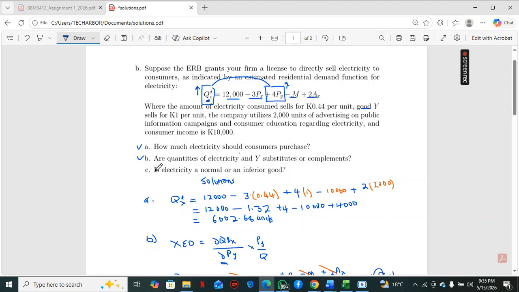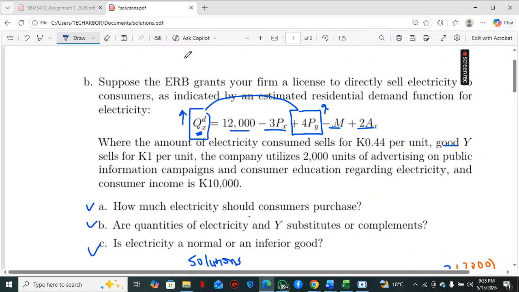Now, part C. Is electricity a normal or an inferior good? Here, first we can come to our demand function, and let's look at the relationship between the quantity demanded of electricity and consumer income, holding these other factors constant.